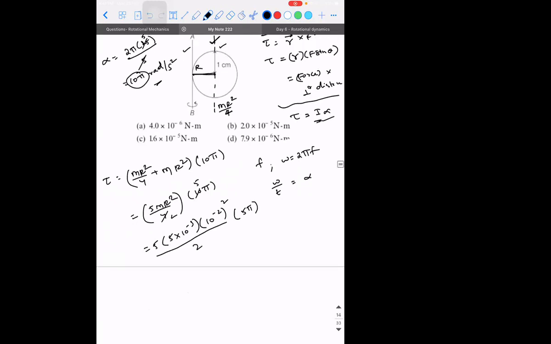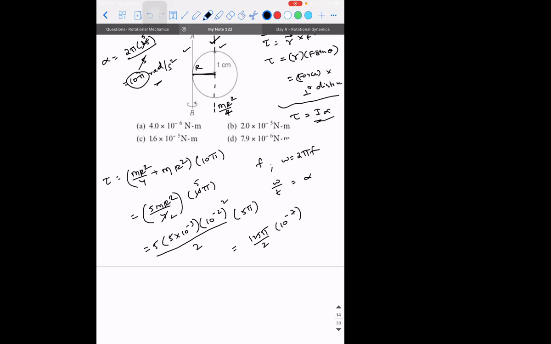If you multiply everything, you're going to get the answer. 5 5 is 25, 25 into 5 is 125, 125 pi by 2 into 10 power minus 7. Pi is 3.14 by 2 is 1.57.